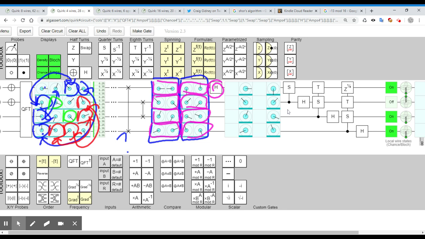Now the next part is the control S, which in this case means all the available amplitudes have a 1. Oh no, sorry, they don't all have a 1, because now the control is the second qubit from the right. So this doesn't, this doesn't, this doesn't, and this column will stay the same.